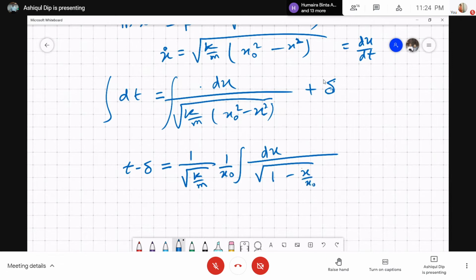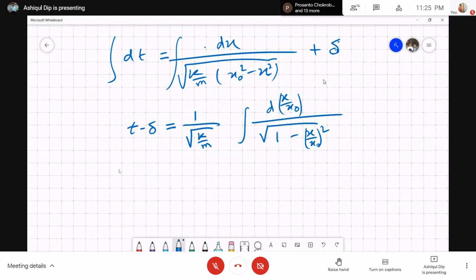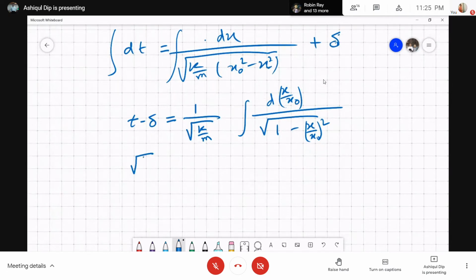So this x naught can be combined to give d of x by x naught. So you have the square root of k by m multiplied by t minus delta equals sine inverse x by x naught, right?